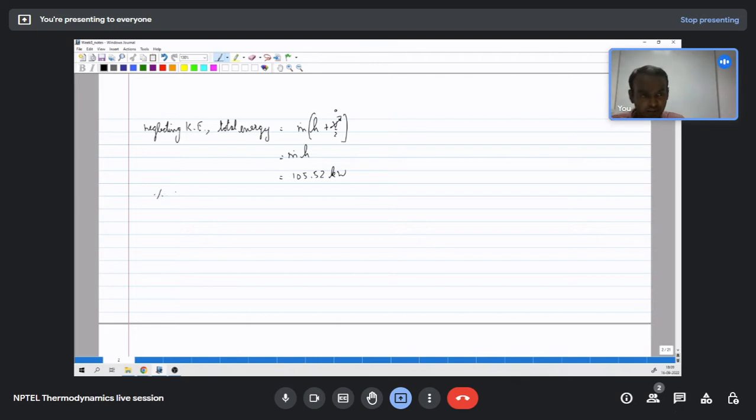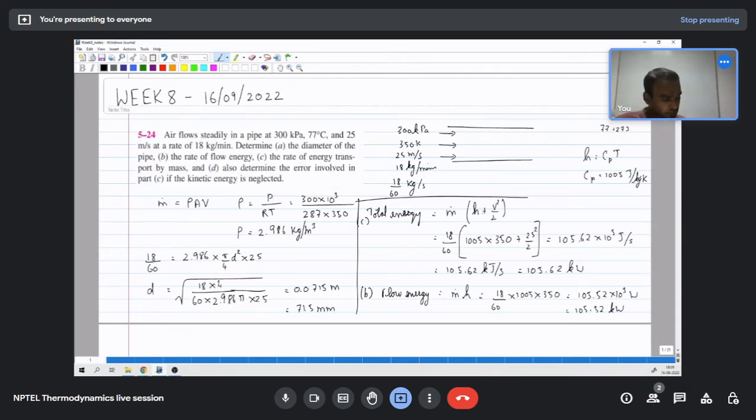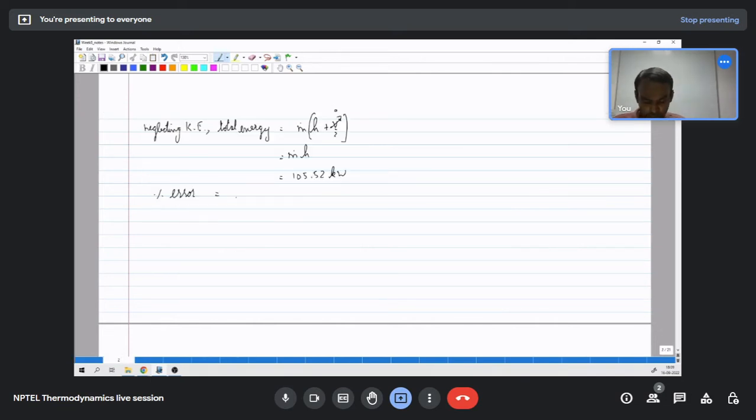Now we are supposed to calculate the percentage error in calculating the total energy in this way. The actual total energy, including v square by 2, was 105.62, minus the flow energy neglecting kinetic energy, 105.52, divided by 105.62, into 100.